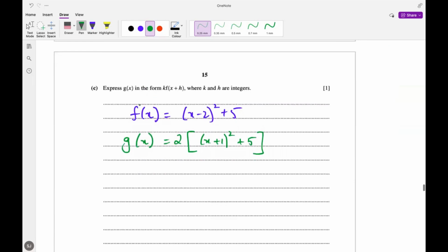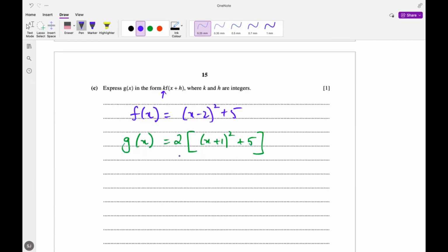So if you have to express g of x in the form k f of x plus h, it means we have to multiply the function f with a constant k and add a value of h up here to make it equal to g of x.